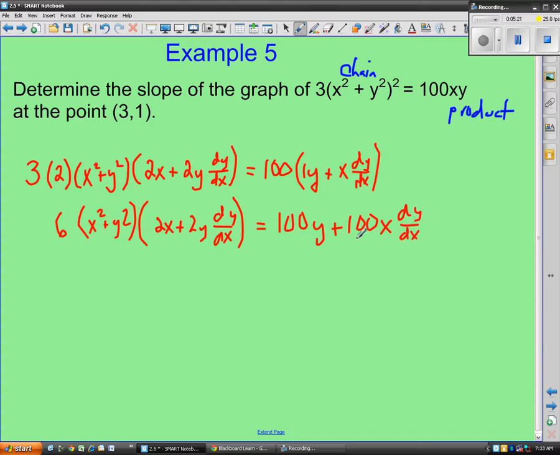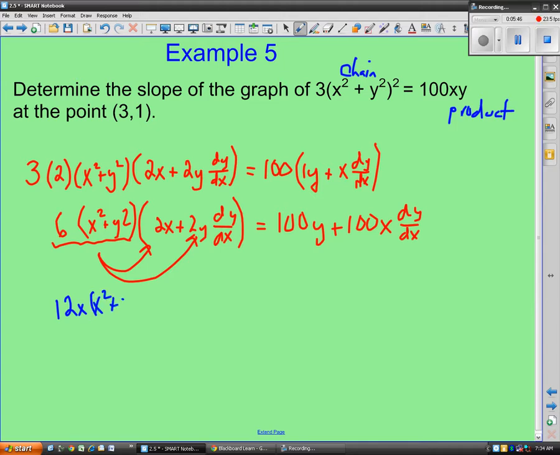And so then, this is where the tricky part comes up, is trying to get the dy/dx's all together. Well, I'm going to distribute this thing right here to the parentheses, but I'm going to treat it all as one term. So this is where the trick comes up. And so when I do that, I end up with 12x times (x squared plus y squared).